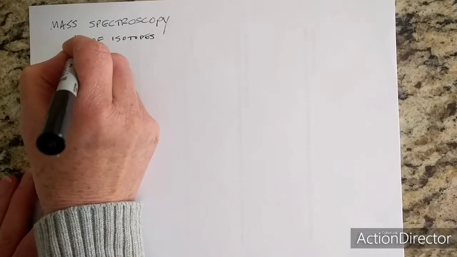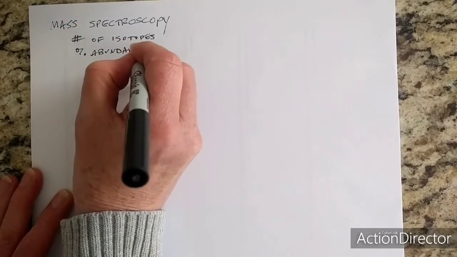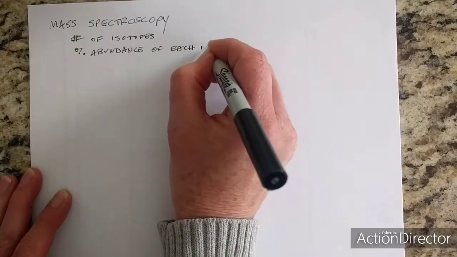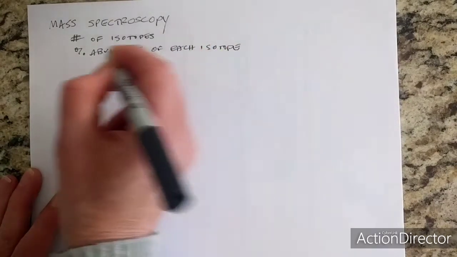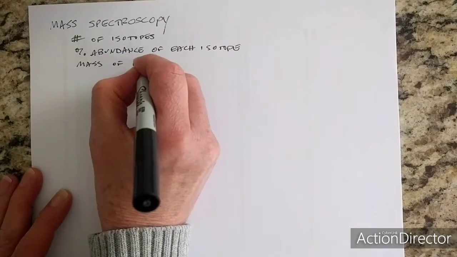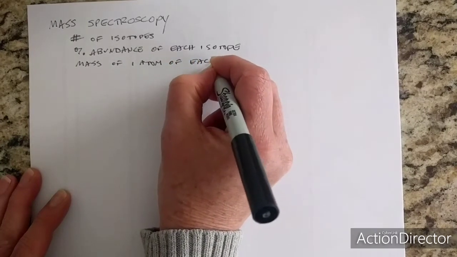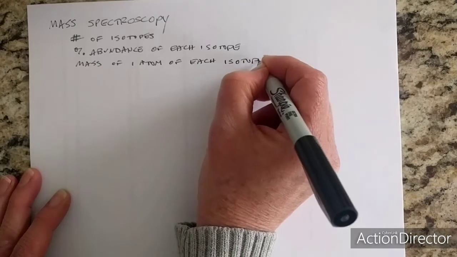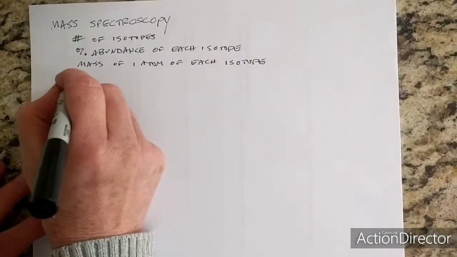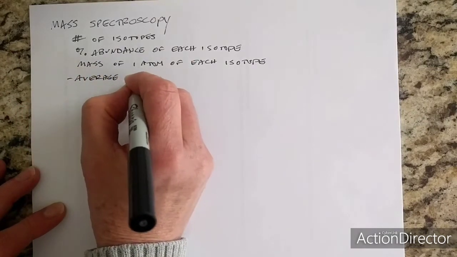The instrument gives us the percent abundance of each isotope, and the mass of one atom of each isotope. And from that information, we can calculate the average atomic mass.